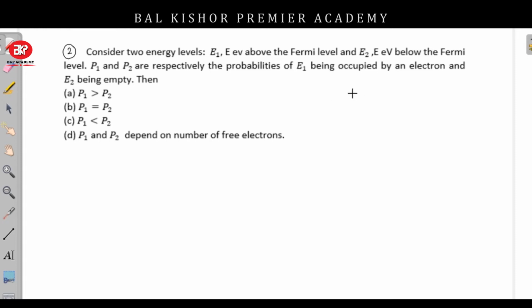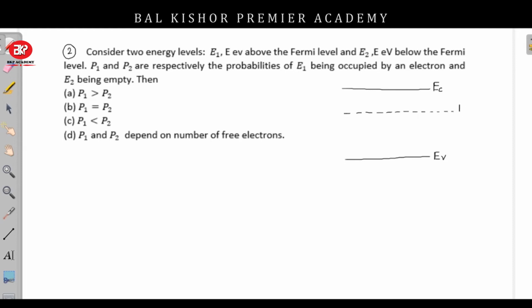If this is the EC energy level of the conduction band, and if this is the EV energy level of the valence band, let us assume that the Fermi level is somewhere like this.